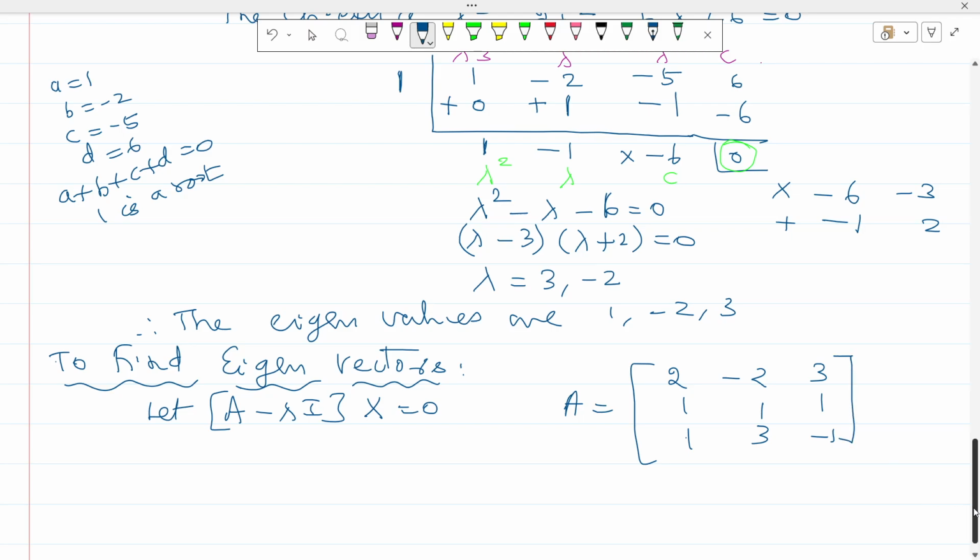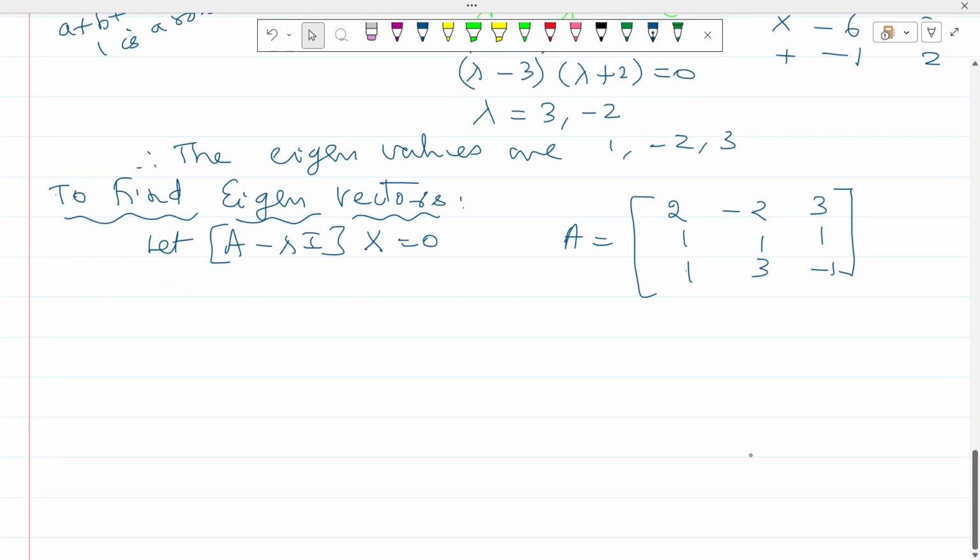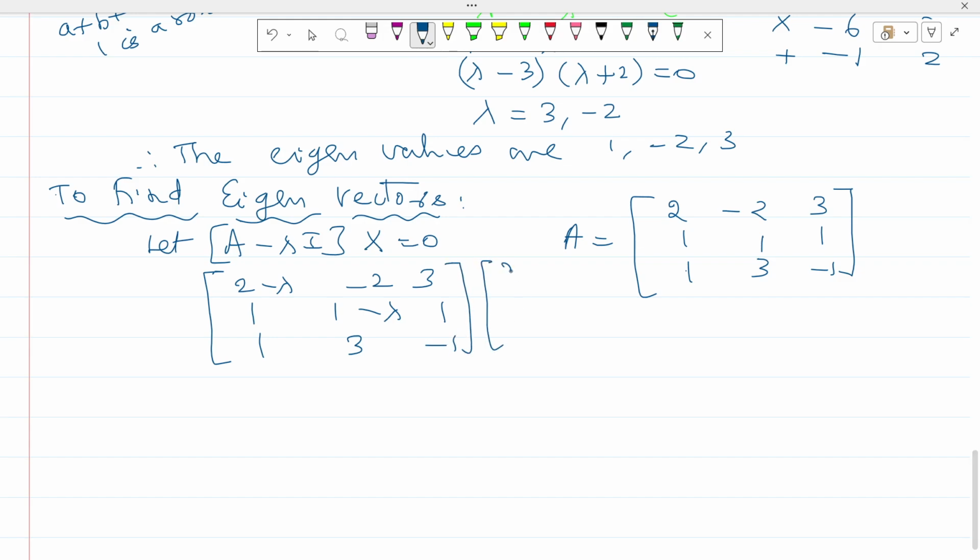So A minus lambda I into x is 2 minus lambda; you just have to subtract lambda in the diagonal, times x1, x2, x3 equal to 0, 0, 0.